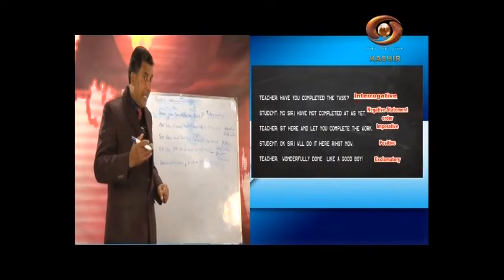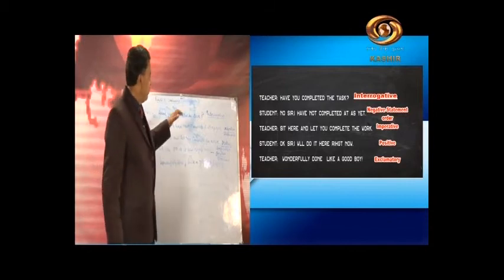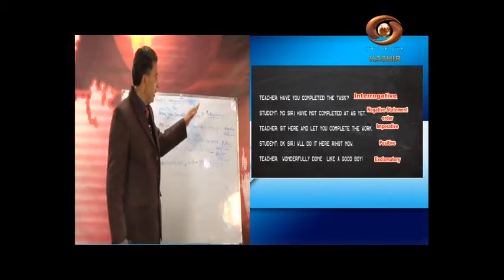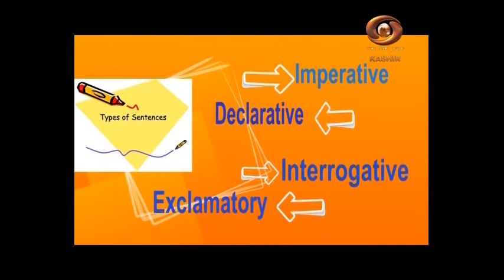Now it is clear. There are 4 kinds of sentences. These are: interrogative, negative, imperative, positive, and imperative, then statement once again, and then there is exclamatory.